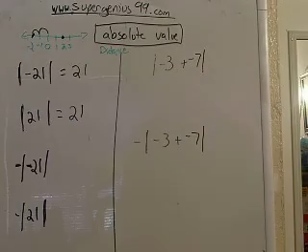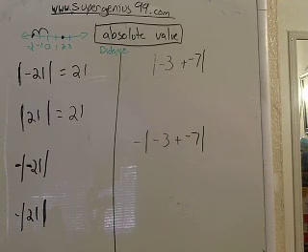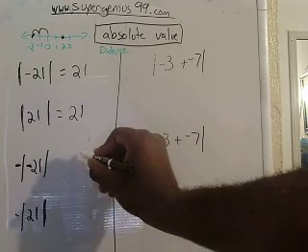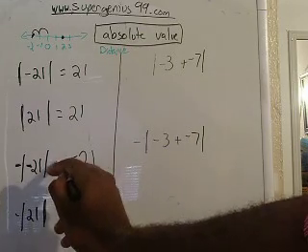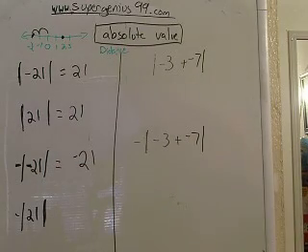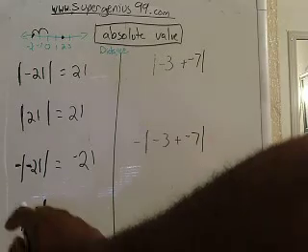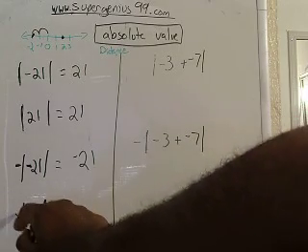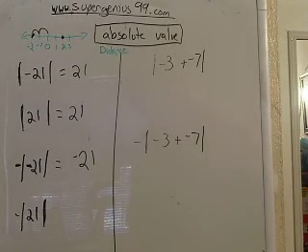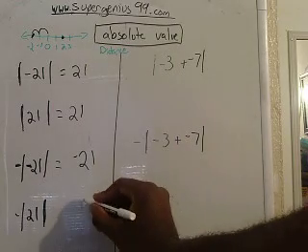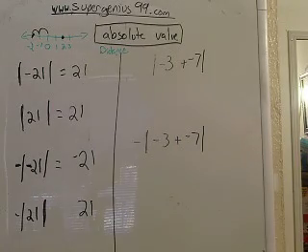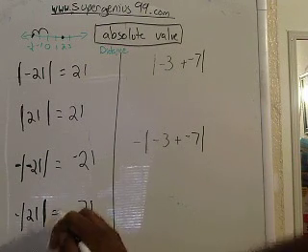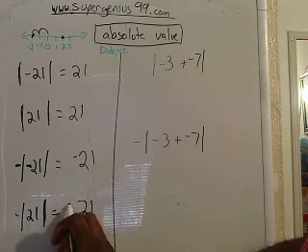The absolute value of negative 21 is 21, but if I negate it, that becomes negative 21. How about the next one? What is the negative of the absolute value of 21? The absolute value of 21 is 21, but there's a negative on the outside, so that is also negative 21.